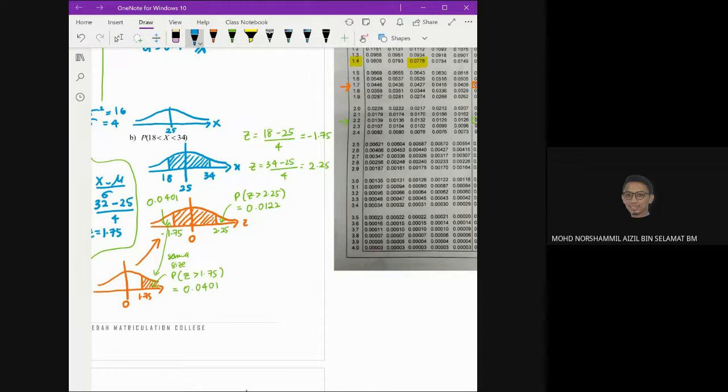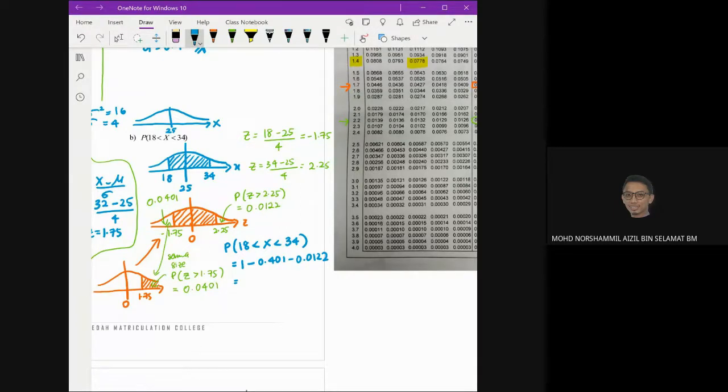Okay, so now let's move on to the calculation to get the region. So this is the question. The region will be 1 minus those two small regions, kan? Betul tak? Betul, sir. 1 minus 0.0401 minus 0.0122. Dapat idea tak? Boleh, sebab total area satu lah.